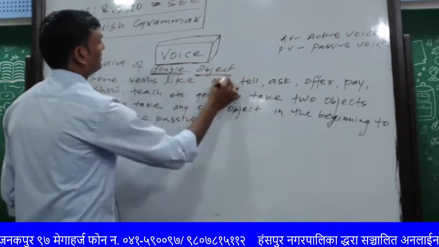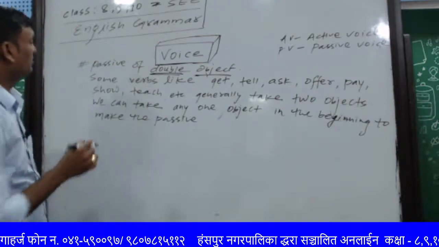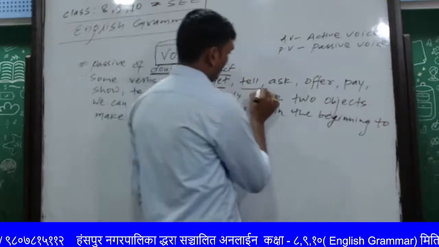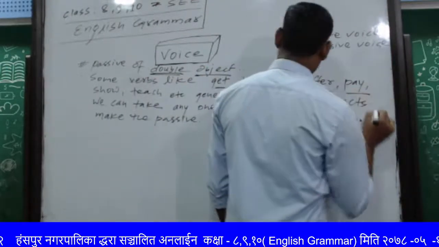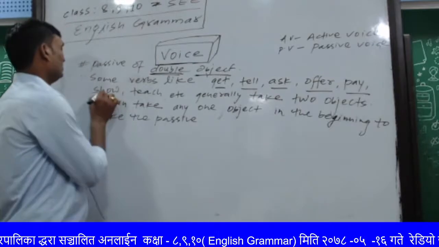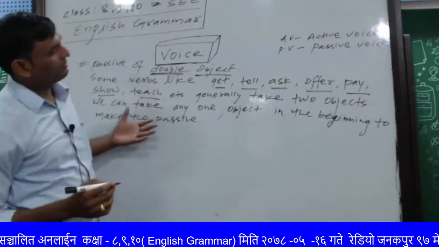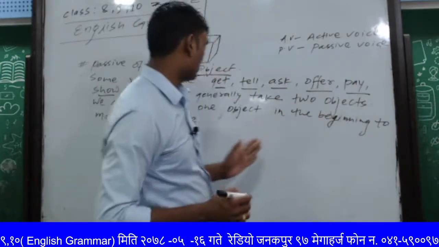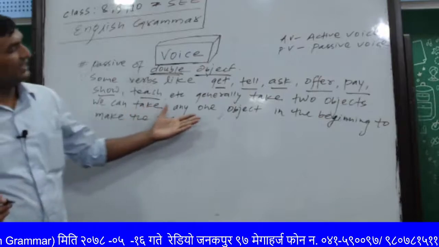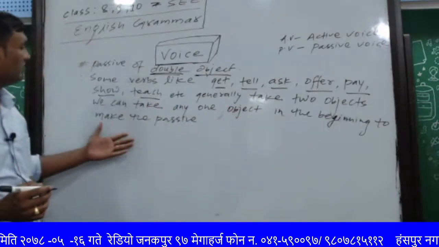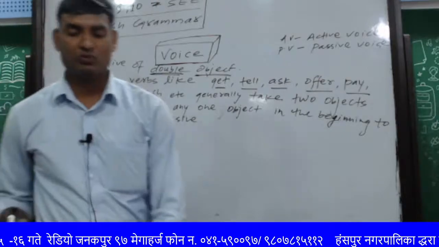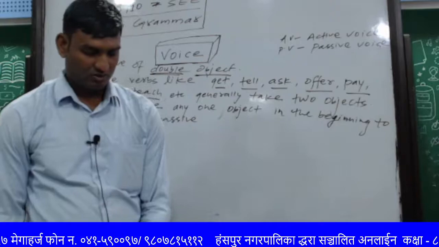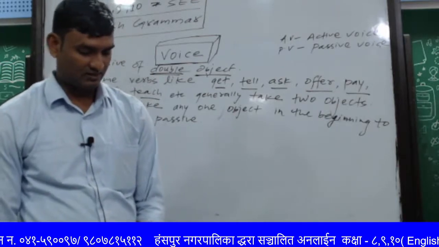So listen students, some verbs like get, tell, ask, offer, pay, teach, and these verbs etc generally take two objects, and we can take any one object in the beginning to make the passive sentence.